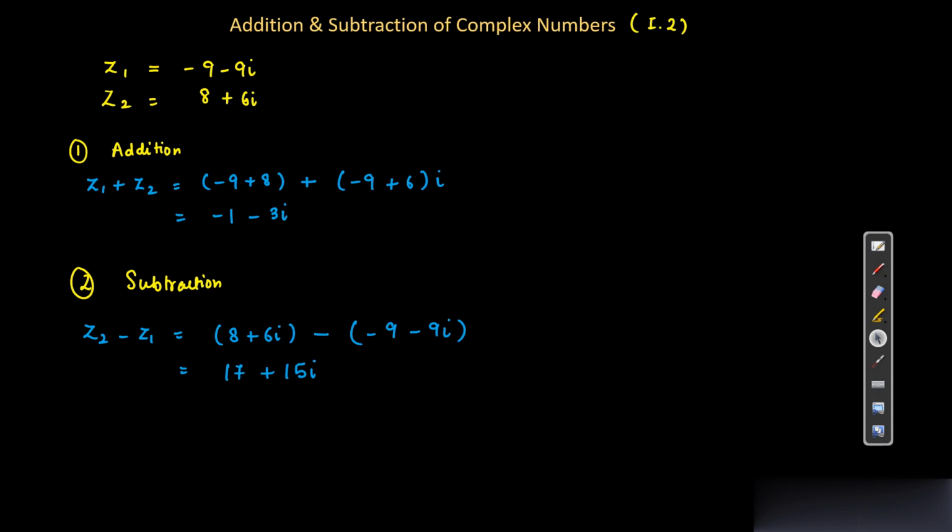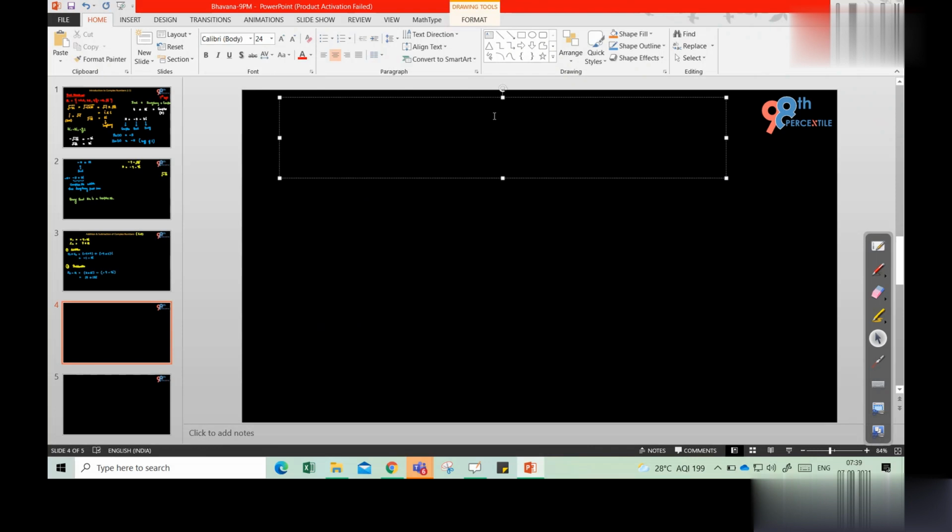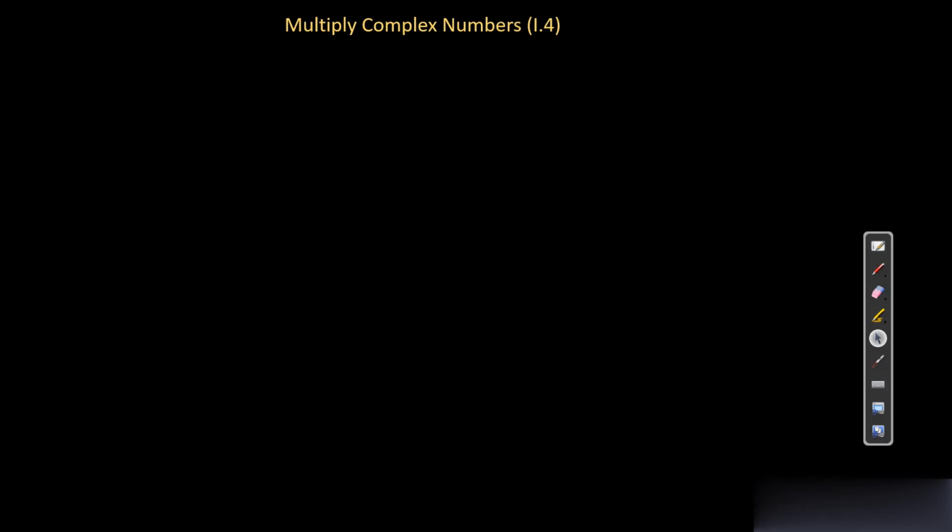Next is multiplication. Multiply complex numbers. And this one has the code I.4. Again, if we are talking about multiplication, we need to have two complex numbers. I'm going to take the same example.